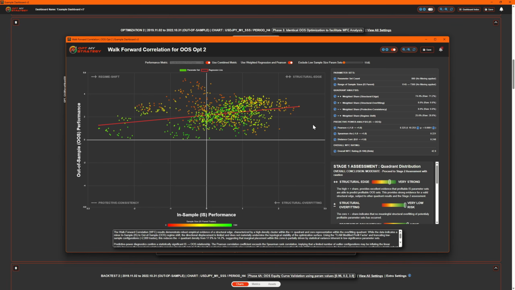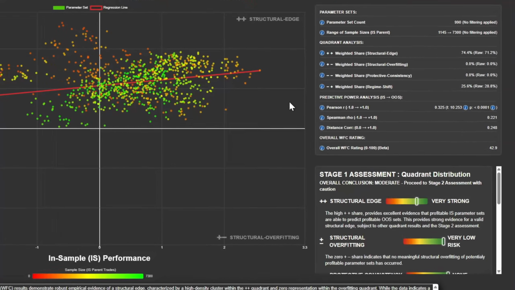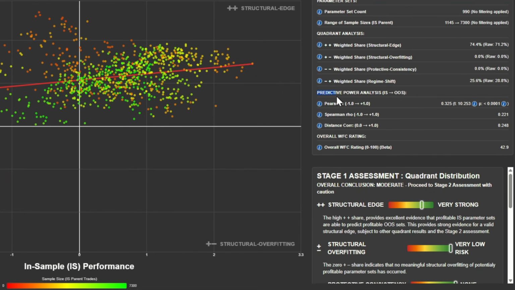But the power of walk-forward correlation doesn't end there. The second component of the framework is Predictive Power Analysis, which measures how strongly in-sample performance is correlated with out-of-sample performance across the entire surface, and therefore how predictive it is.